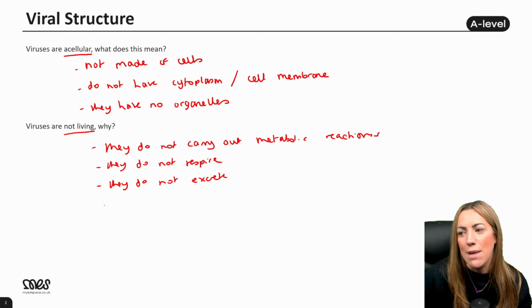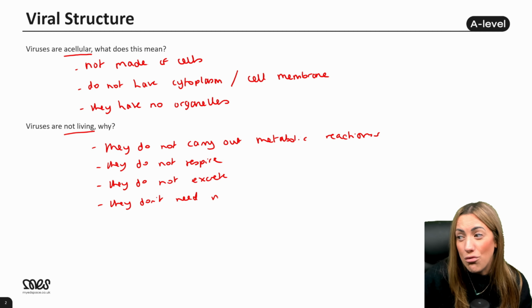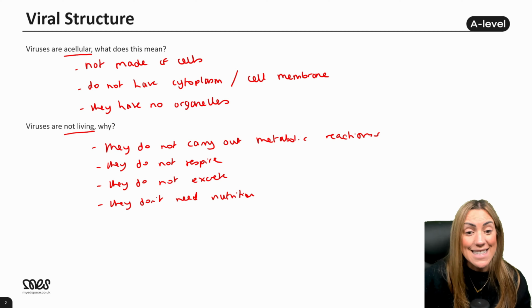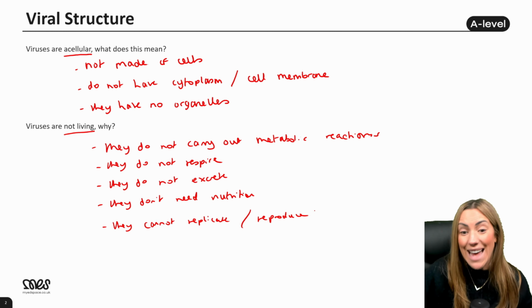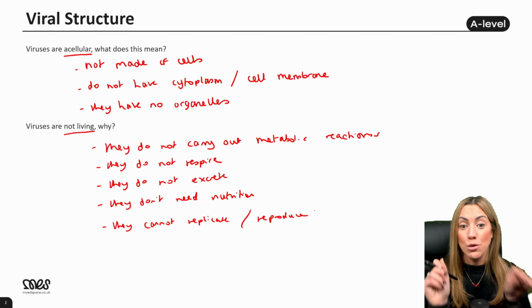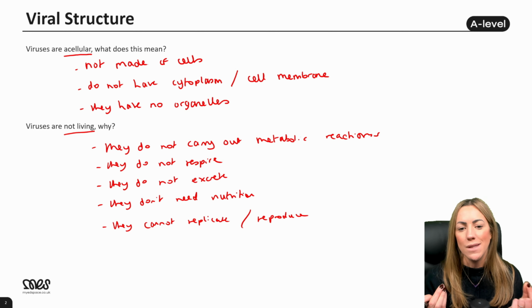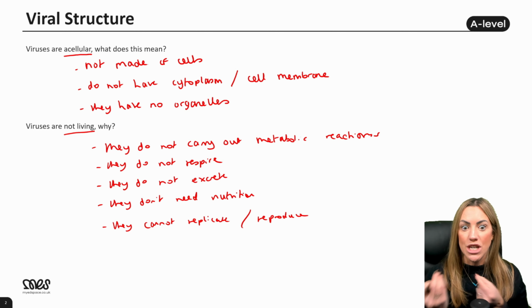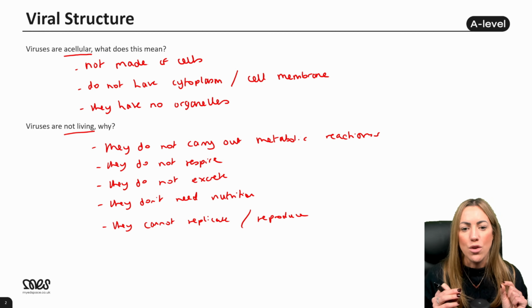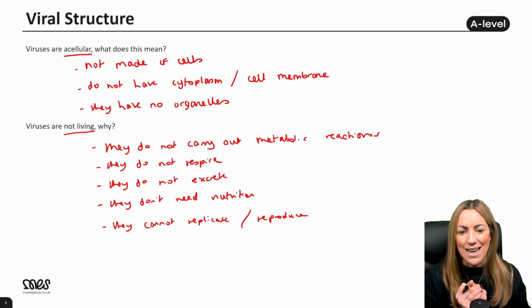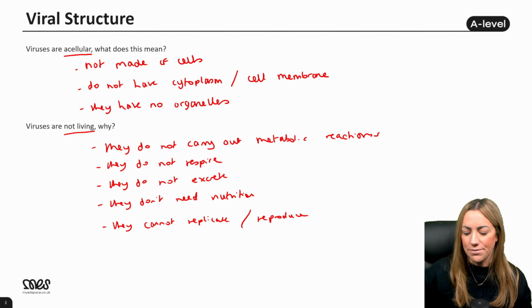Living things have to be able to excrete. They don't need nutrition, which again is the N in Mrs. Gren. They also cannot replicate or reproduce unless they are inside a host cell, because remember, they hijack host cells and they use the host cell's machinery in order to replicate or reproduce. So they cannot do it on their own. So they are not classed as living things, okay?